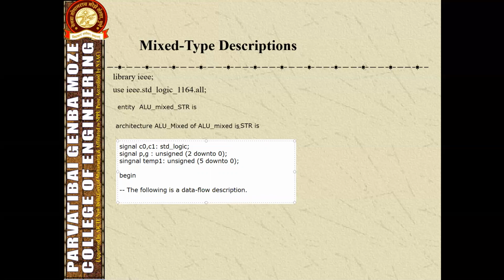That is G0, which should perform the AND operation of A0 and B0, the 0th bit.